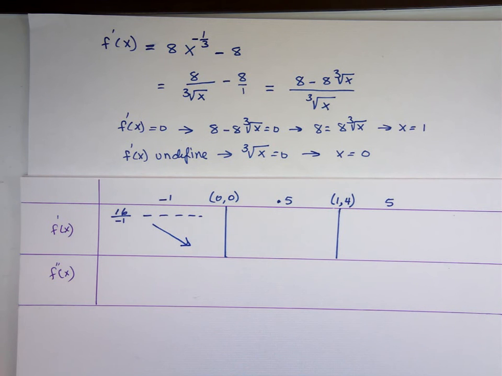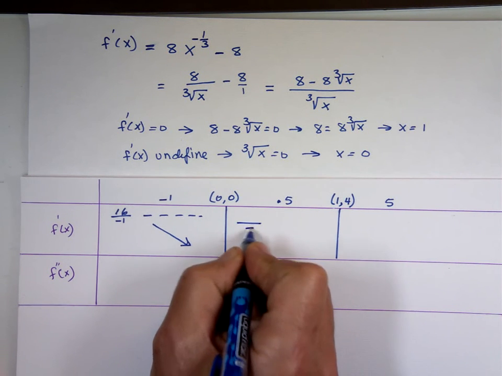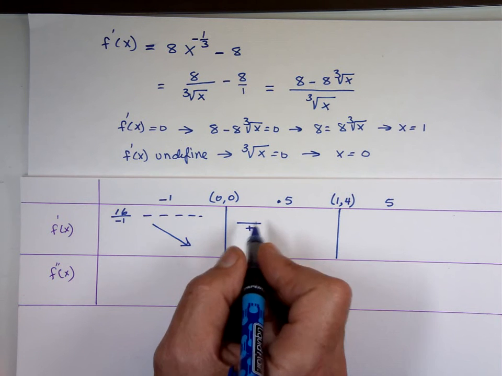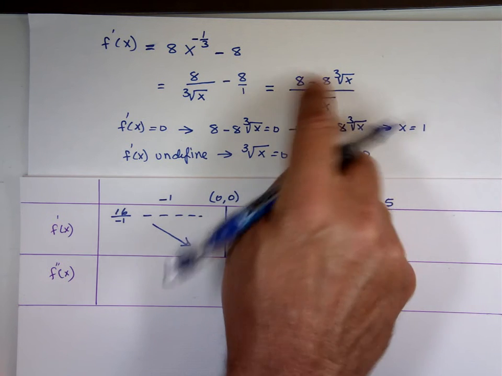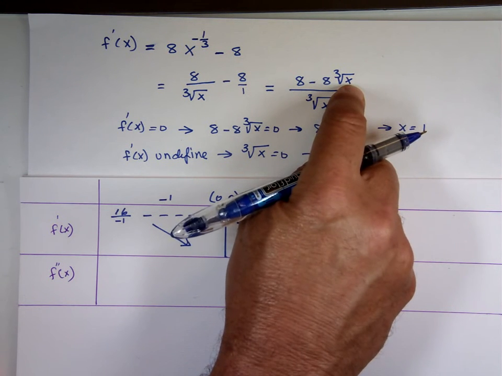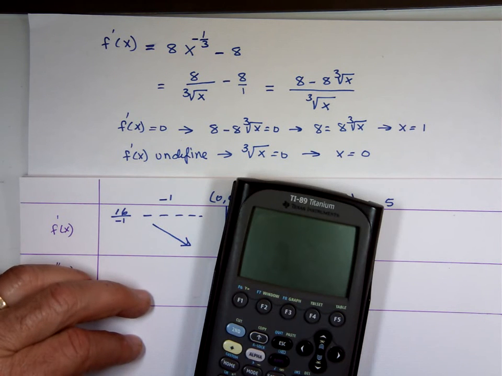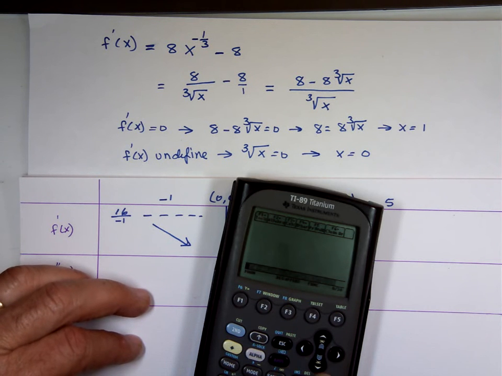The 0.5, I know the bottom is positive. What about the top? The top is going to be what? Positive. Why? Because if this is a 1, they cancel each other out. So the cube root of 0.5, if you did that, what is the cube root of 0.5? 0.5 to the power of parentheses 1/3.